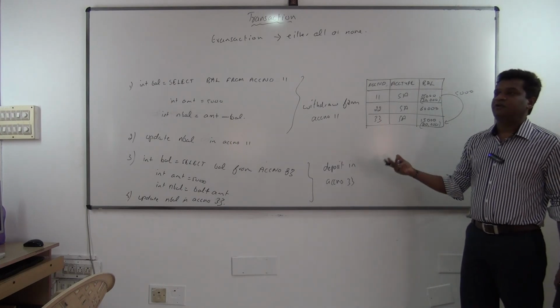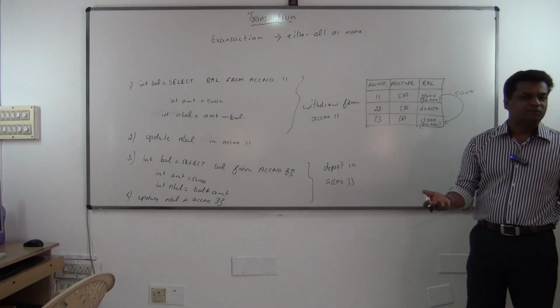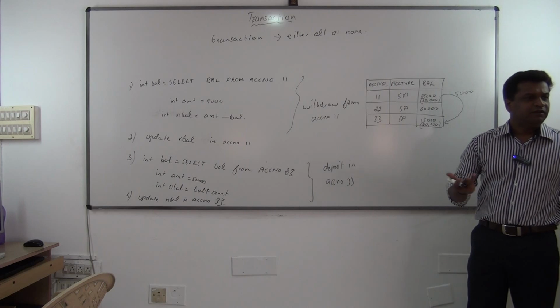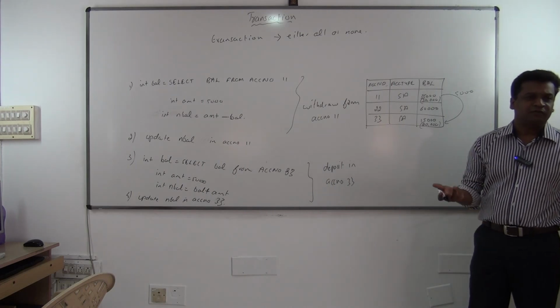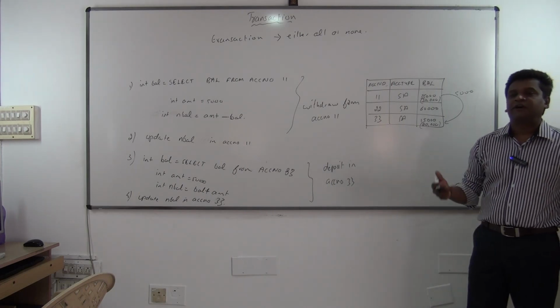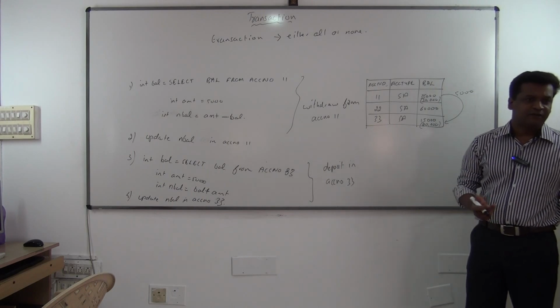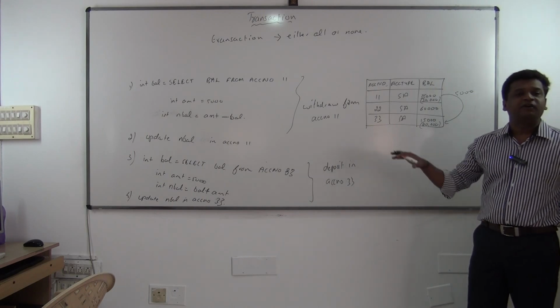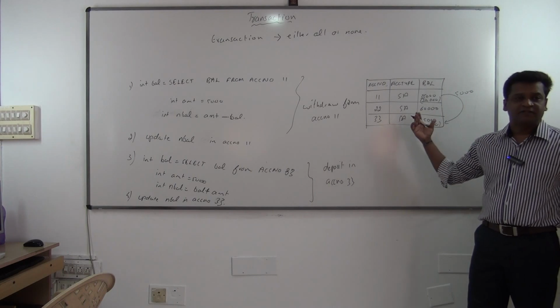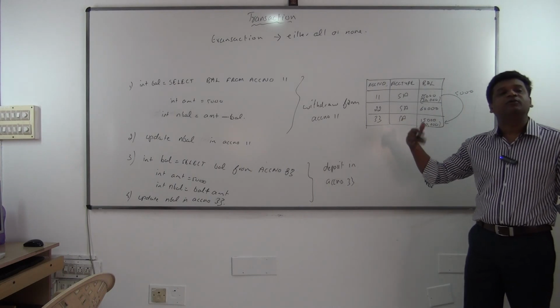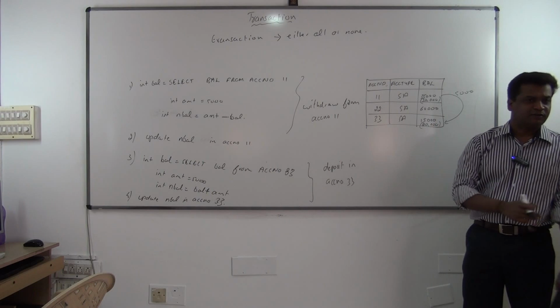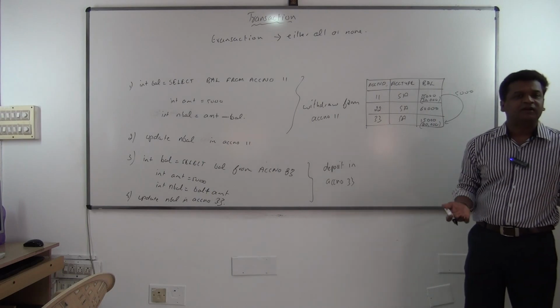You can write this logic using any language: C, C++, Java, C#, VB. There are plenty of languages available for you to code, but this is the logic I want to write in my application. Yes or no? Transaction is a subject related to the database, and we have to apply the transaction support in our application.